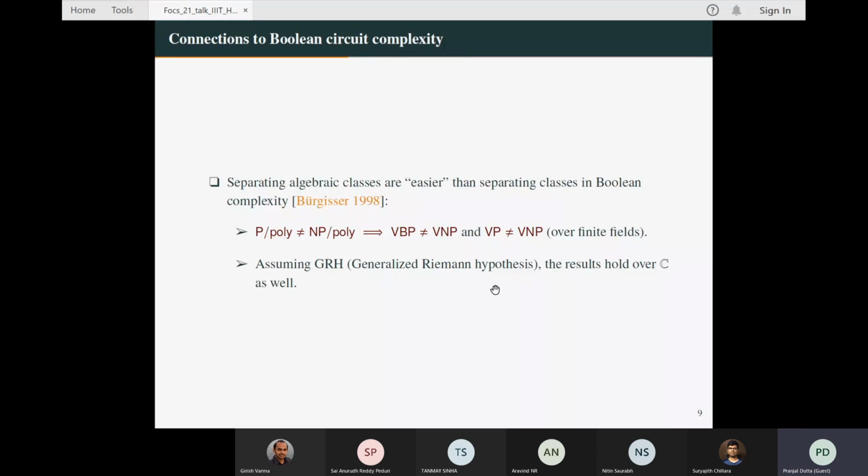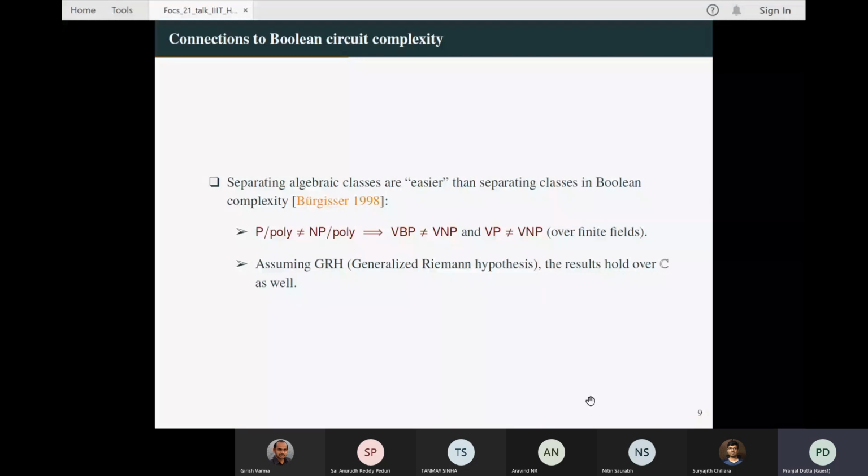So this is one interesting connection that I wanted to make. And just to make sure, we do not really expect P/poly equal to NP/poly. Otherwise, the polynomial hierarchy collapses and so on. There are multiple results that are known, so we really expect that these are separated. That is one interesting point I wanted to convey before moving forward.